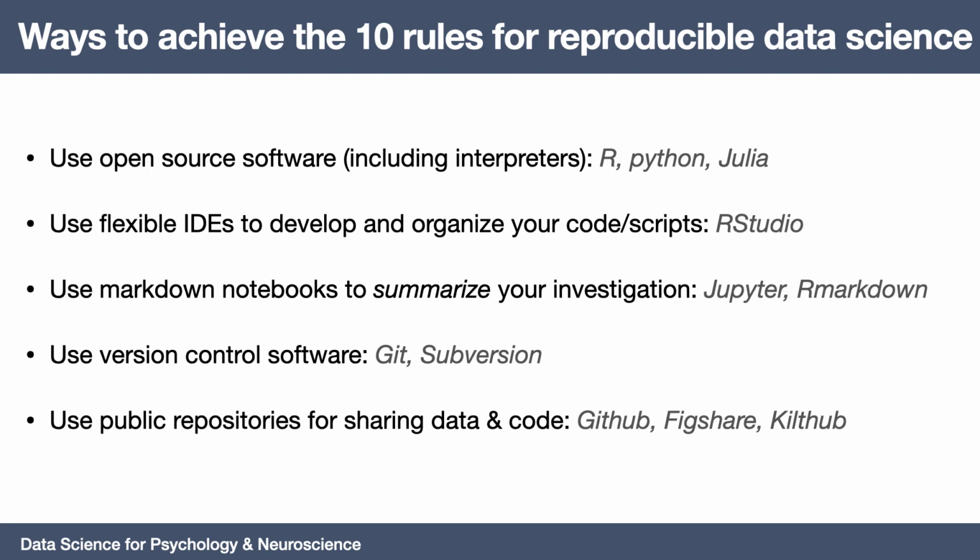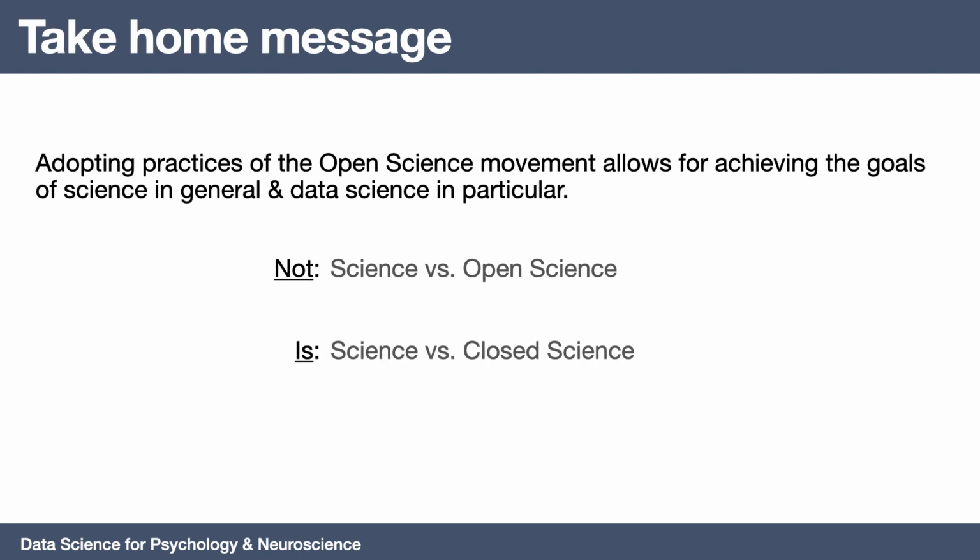Using these practices will guarantee that you're following the principles of open data science, which in turn allows you to more accurately achieve the goal of reproducibility in your analyses. If you take anything else away from this lecture and the readings, I want you to see that adopting practices of the open science movement allows for achieving the goals of science in general and data science in particular.